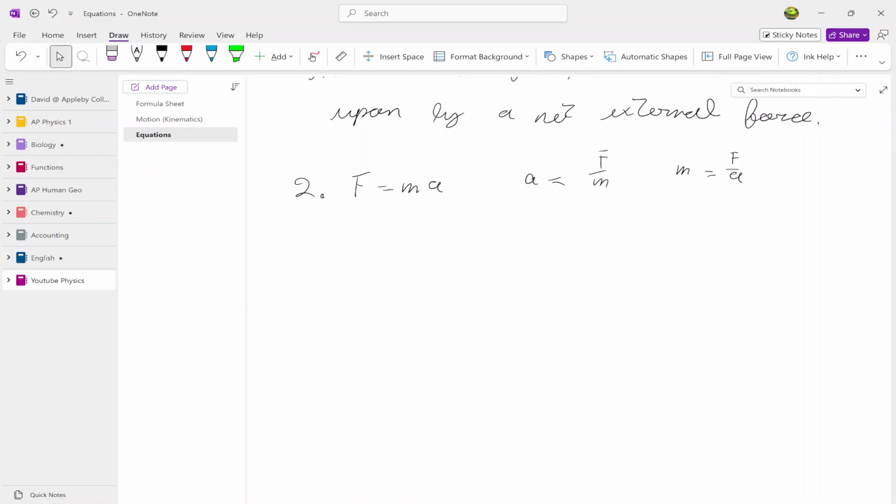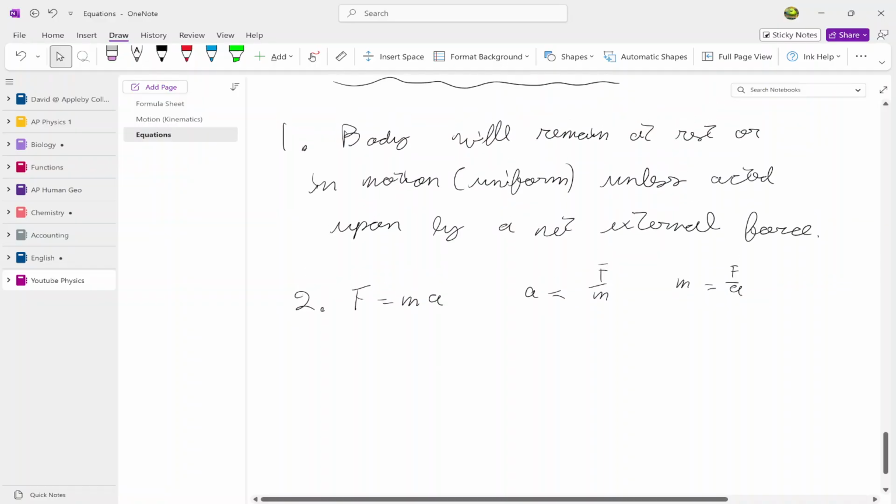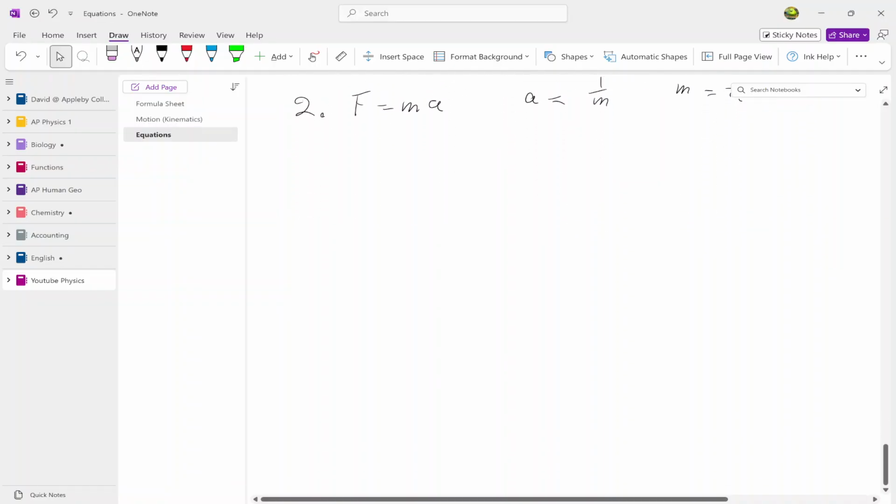So let's say we had, actually, we'll do the practice questions now. Let's say a 3.0 kilogram body, we have to be exact. It's similar to chemistry, you also have to use sig figs.